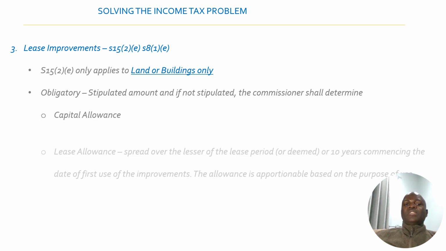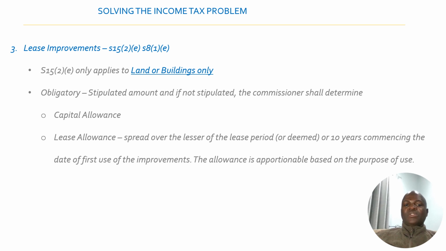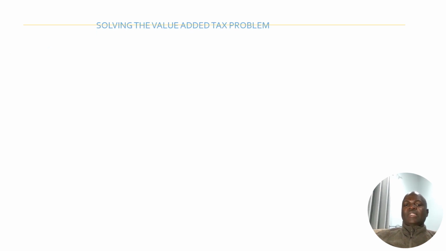Once the amount has been determined, there is an option to either claim capital allowances or to claim a lease allowance. In this case, you go for a lease allowance, and that lease allowance is spread over the lesser of the lease period or 10 years, commencing on the date of first use of those improvements for purposes of trade. Again, an apportionment is allowed where the asset is used for trade and non-trade. Voluntary improvements will not qualify for a lease allowance, but capital allowances will be allowed for them.